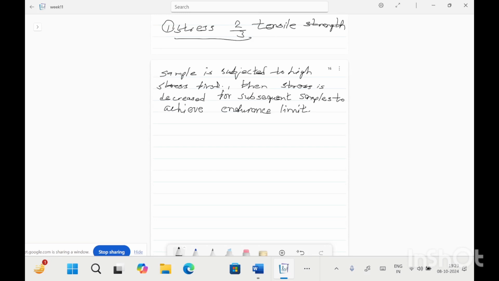If we see a stress loading condition where the stress ratio is -1 and the mean stress sigma mean is 0, this is the ideal condition.